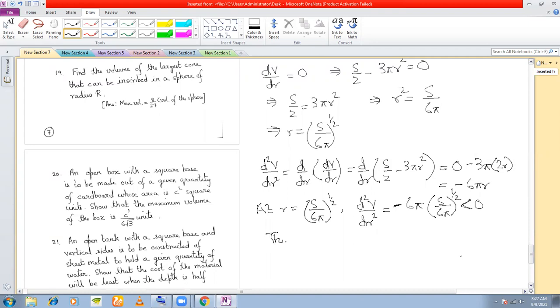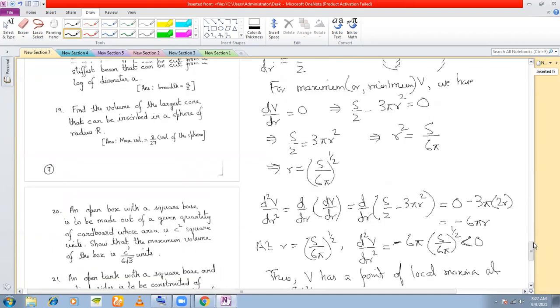So we say thus V has a point of local maxima at r is equal to (S by 6 pi) to the power of half. Okay.